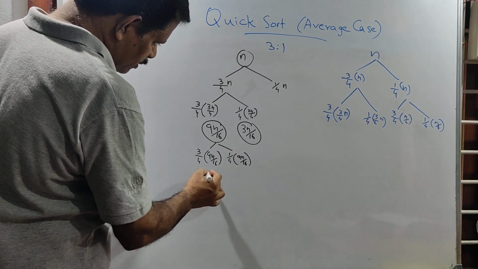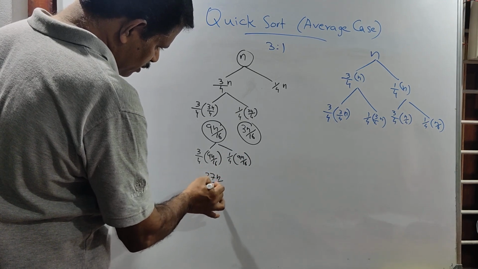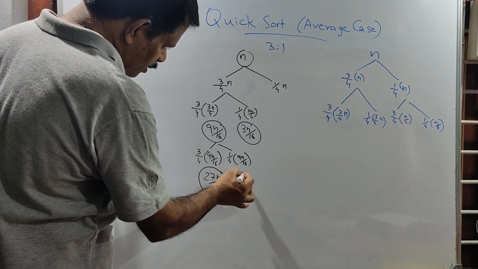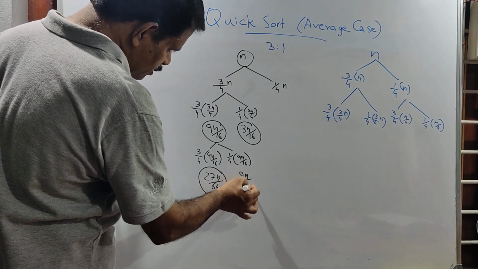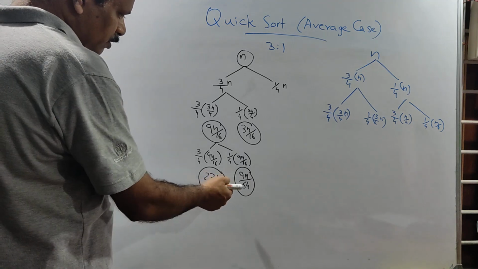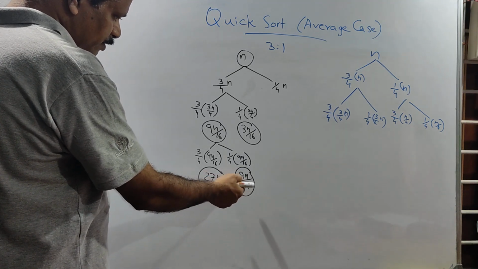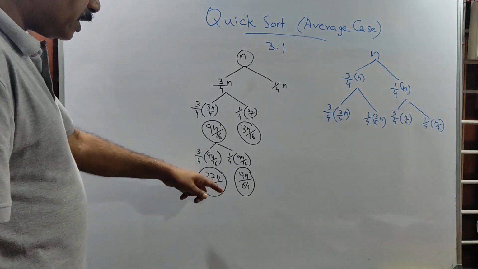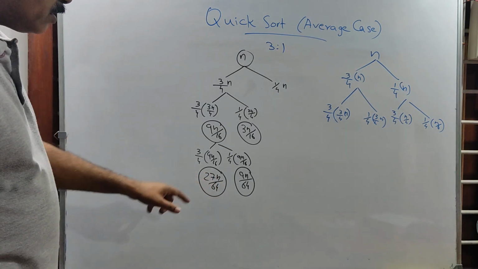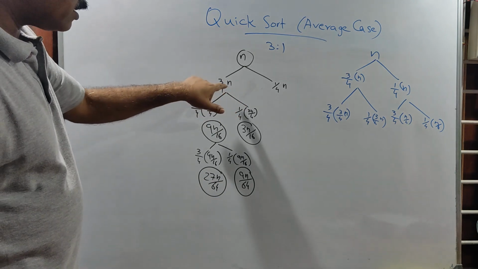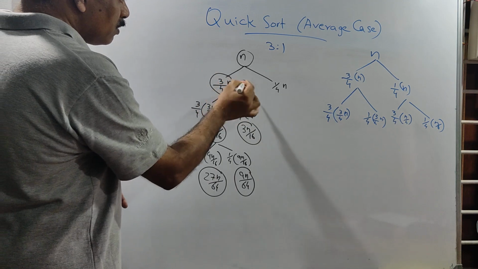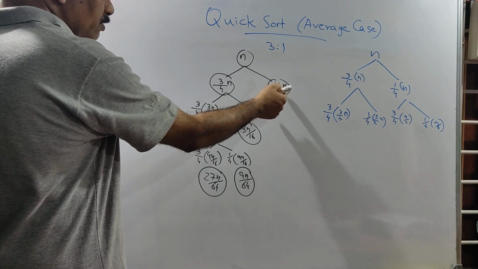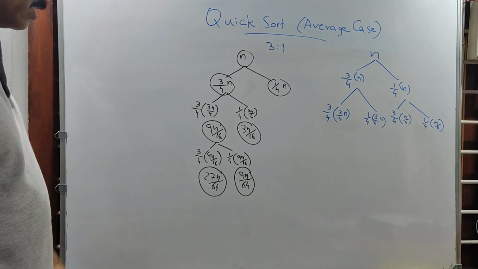So it will be 27n divided by 64, and this branch 9n by 64. So the number of elements will be 3 times more on this node. Considering these two nodes, the number of elements on this node is 3 times the number of elements on this node. So this will be the biggest branch.